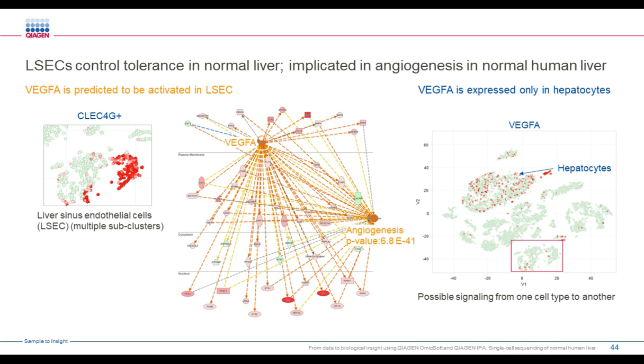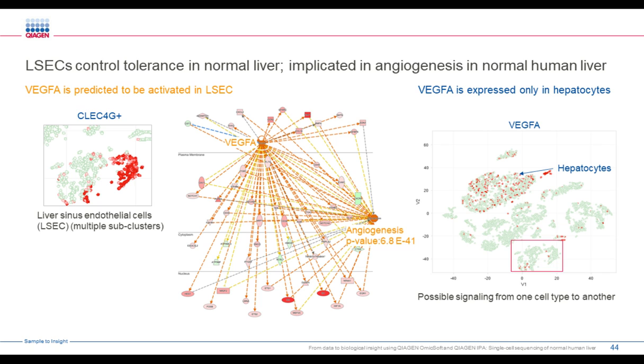The top one is angiogenesis. So that network indicates what? VEGF-A is predicted to be activated, it's in orange, based on the pattern of expression of all the genes you see on that network. And that network drives angiogenesis up.